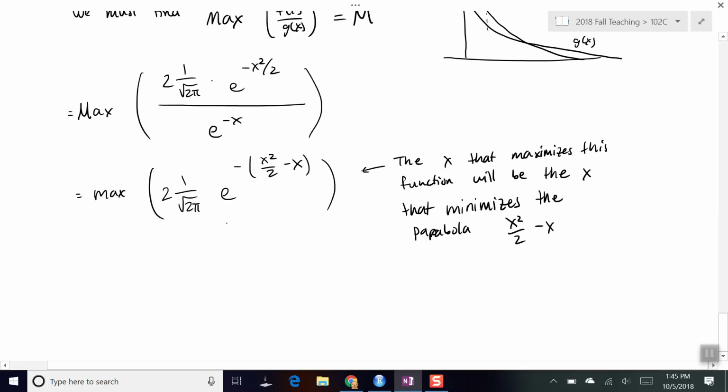Okay, so we have x equal to 1. That's going to be the smallest value that we can get here. Let me back that up.